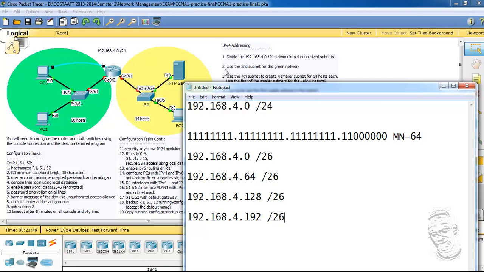The second task asks us to use the second subnet for the green network. So the second subnet begins at 64 as the network ID and ends at 127.